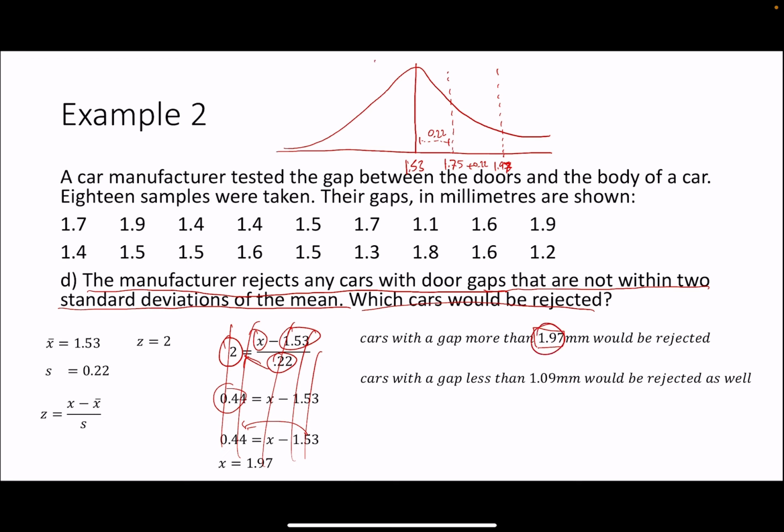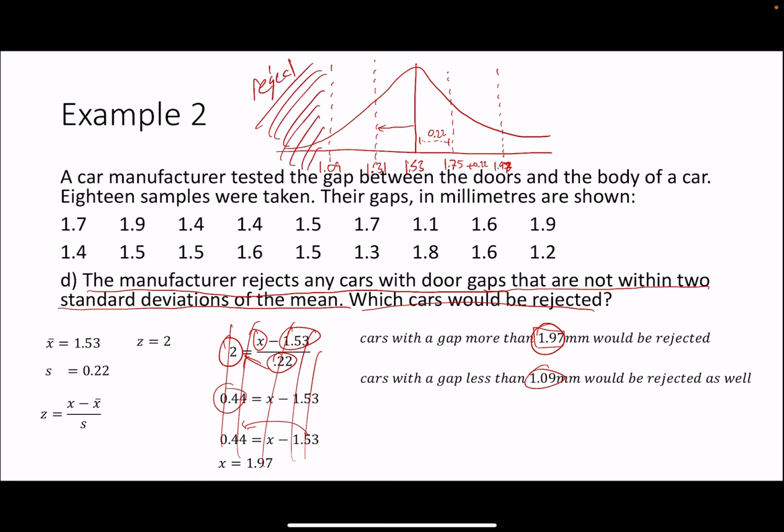1 standard deviation from the mean on this side, we calculated earlier, subtract 0.22, we get 1.31, right? And then another standard deviation from the mean, we get 1.09, right? That's where I got this number. So anything less than that, rejection zone.